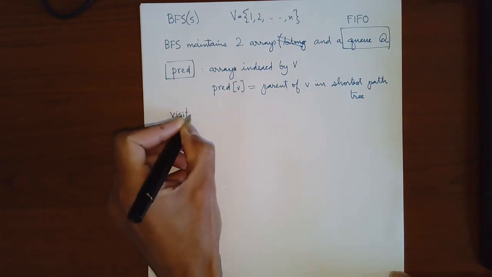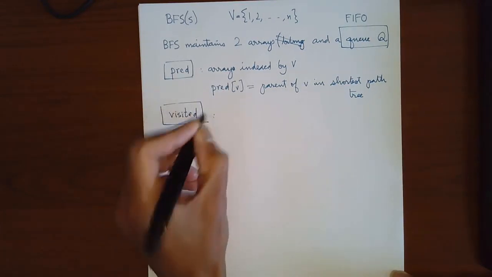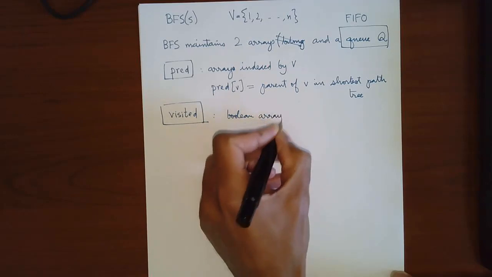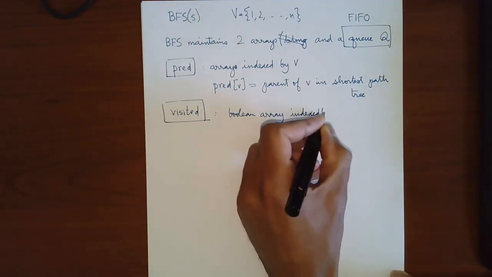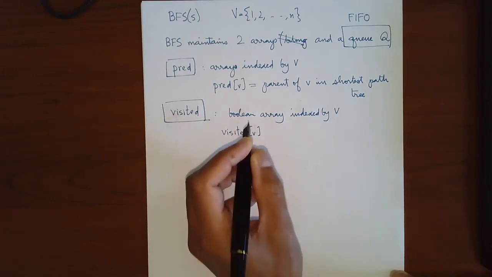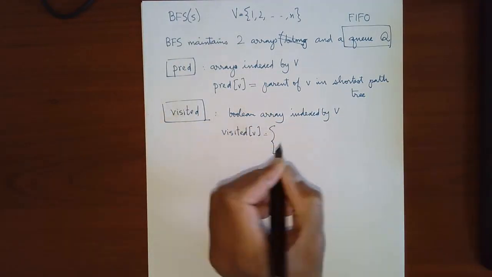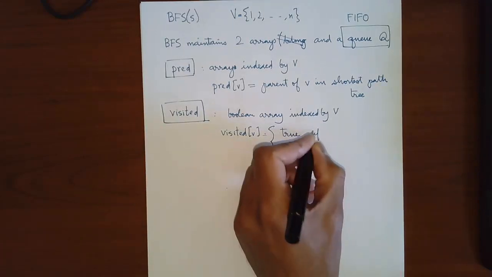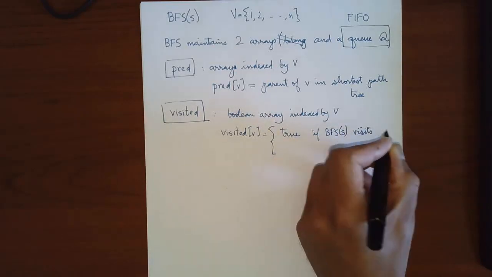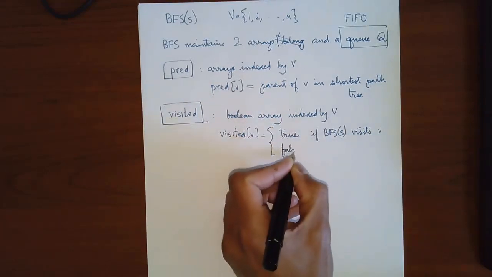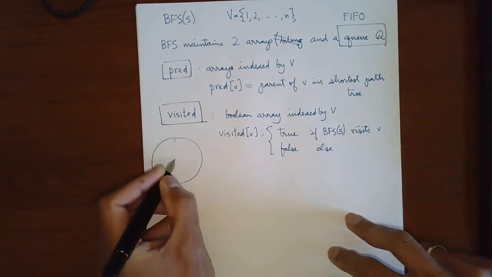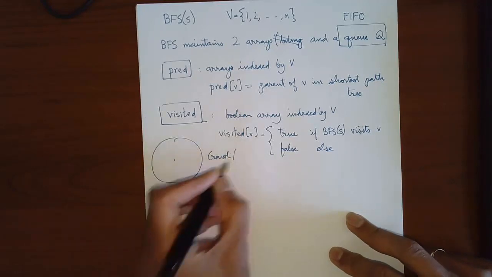Then there is going to be another array called visited. This is a Boolean array, again indexed by V. So visited of V is going to be true if BFS of S visits V, and false if it doesn't visit V. The way to think of what BFS is going to do is that it does what's called a crawl, or a traversal.